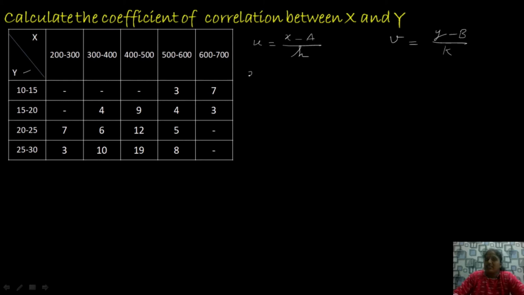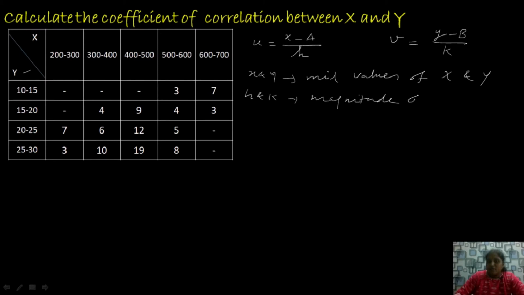Here x and y represent the mid values, h and k represent the magnitudes of the class intervals of x and y, and a and b represent constant values. You may take any value, but arbitrarily we take the middle value as a.